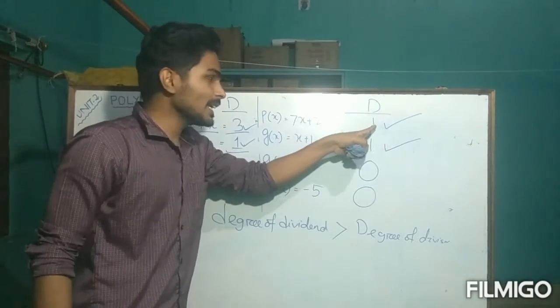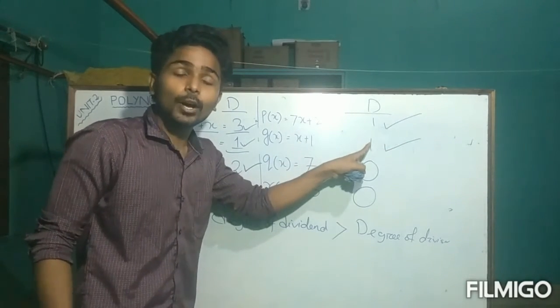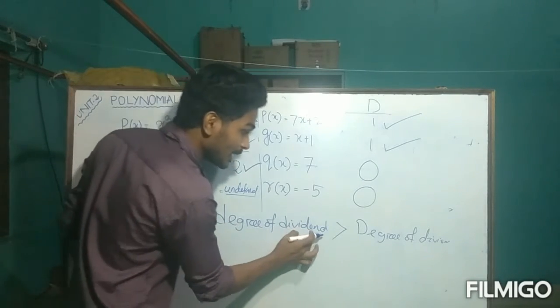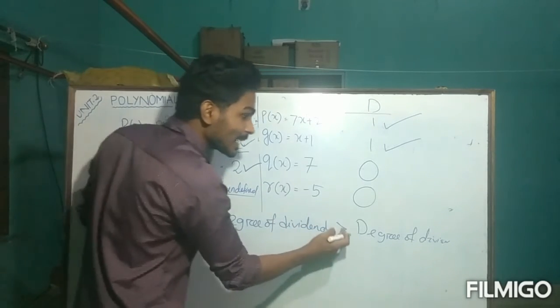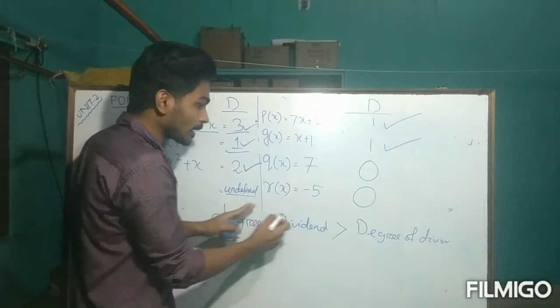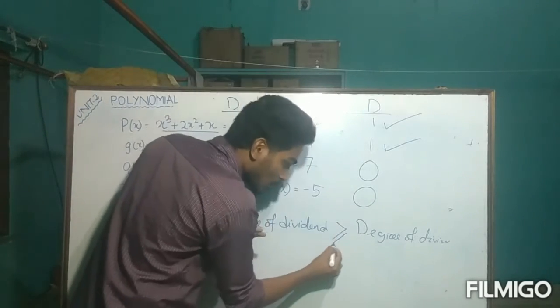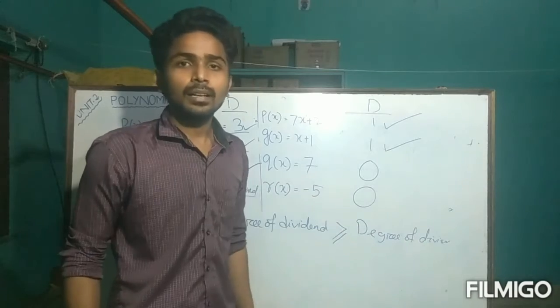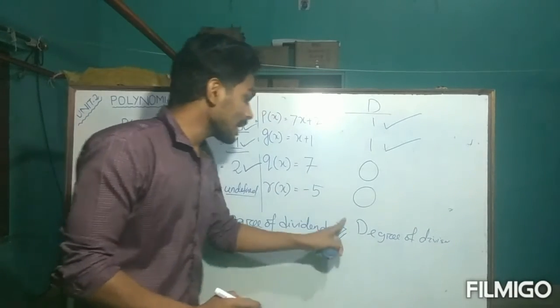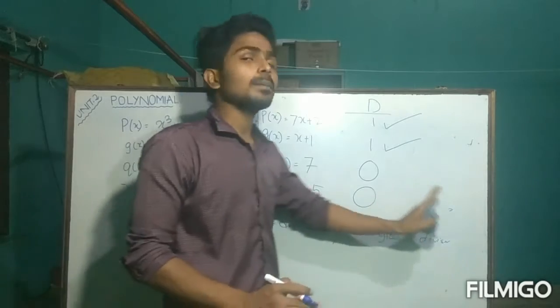That means the degree of the dividend is equal to the degree of the divisor. So in the first case we get the degree of dividend greater than the degree of divisor, but here we get the degree of dividend equal to the degree of divisor. So we can write that the degree of dividend is always greater than or equal to the degree of divisor.